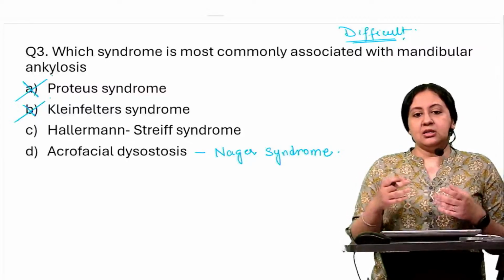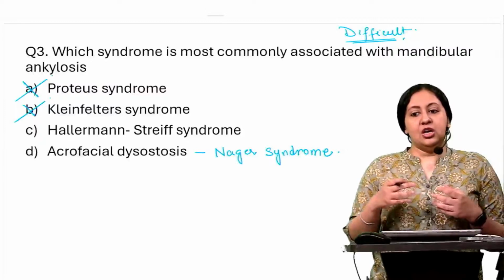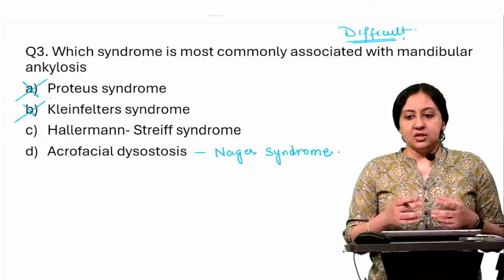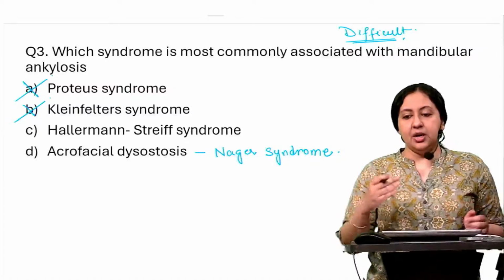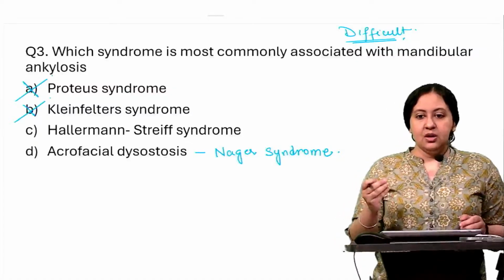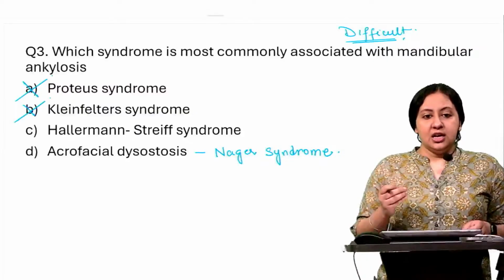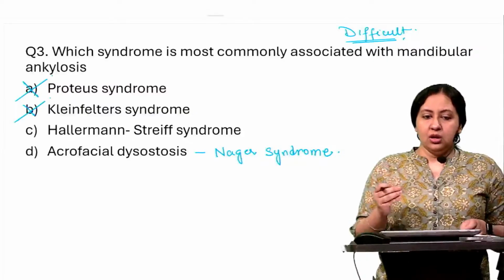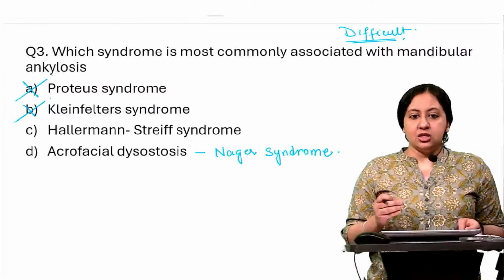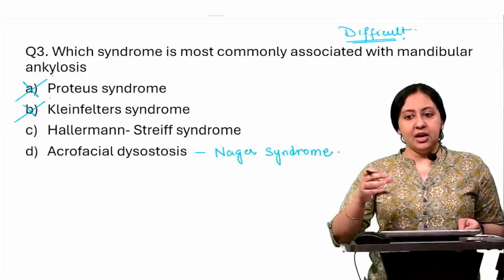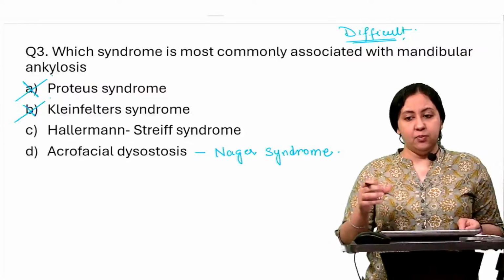However, there are certain conditions associated with Hallermann-Streiff syndrome which increase the chances of the patient developing TMJ ankylosis. Alright. So C and D both are associated with TMJ ankylosis, but it is not the primary characteristic feature in either of them.